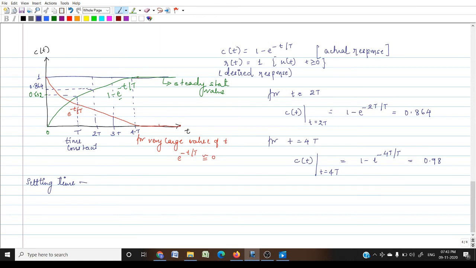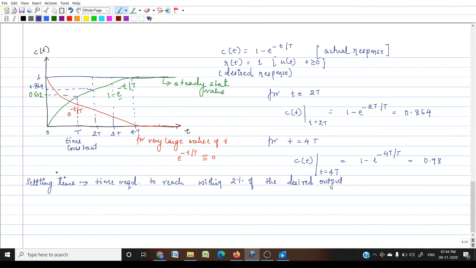Settling time is the time required to reach within 2% of the desired output. So that is the settling time.